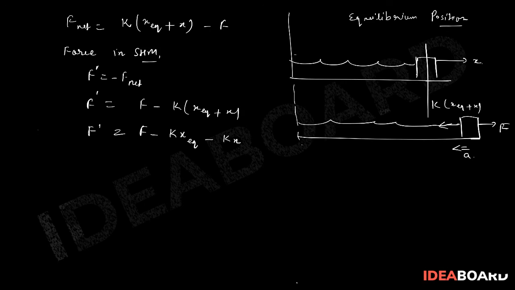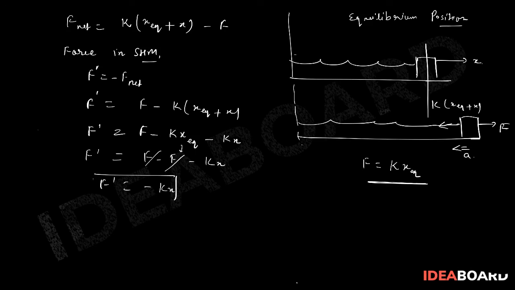Interestingly, earlier we have proved that F is equal to K into x equilibrium. So if you utilize this result, instead of Kx equilibrium minus F, this is Kx. This is cancelled out. So F dash is equal to minus Kx, right?